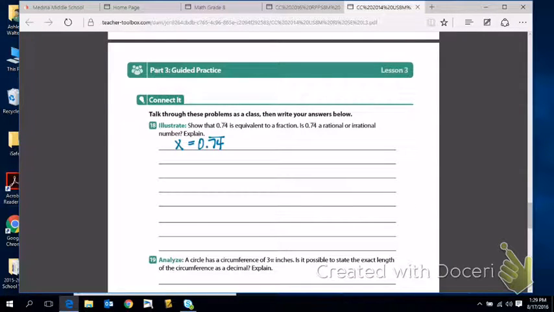We'll then expand the pattern to where we recognize that x is equal to 0.747474. We're going to move the decimal to where one series of the repeating pattern is in front of the decimal, meaning our number will now look like 74.74 repeating.